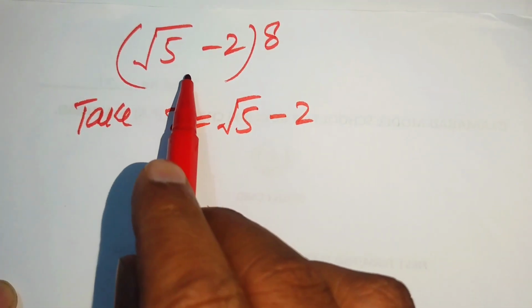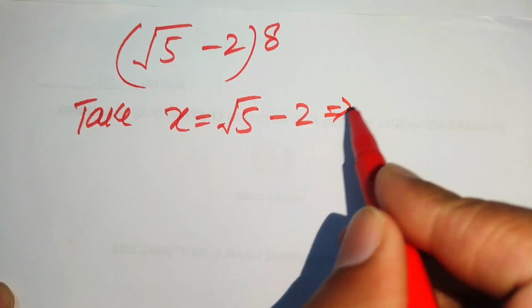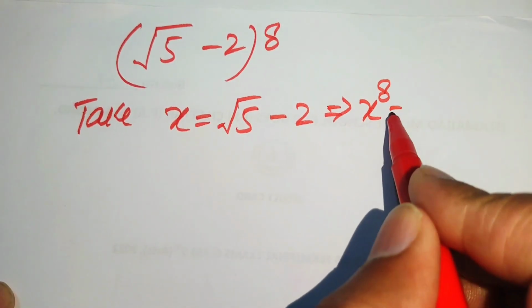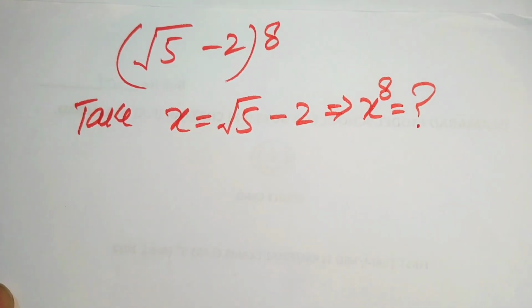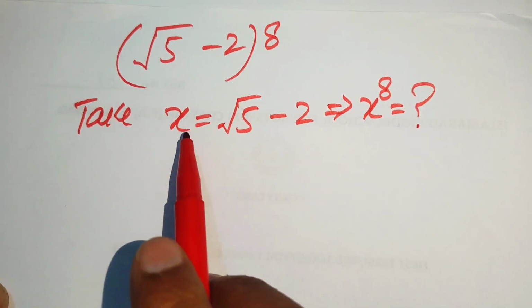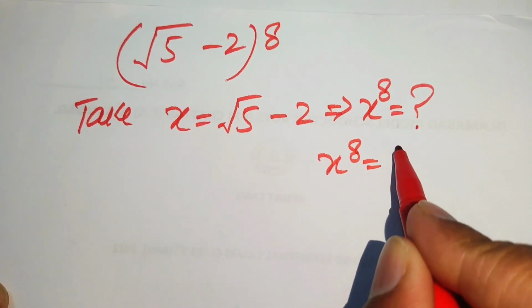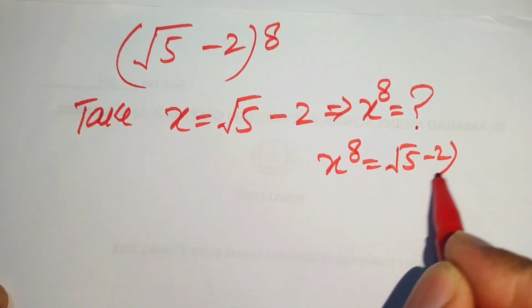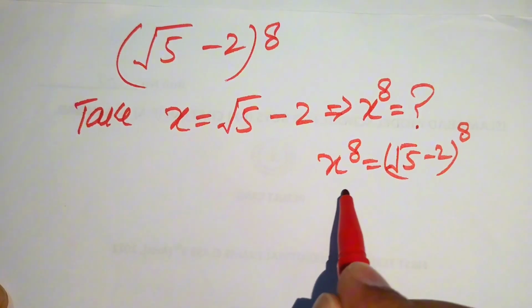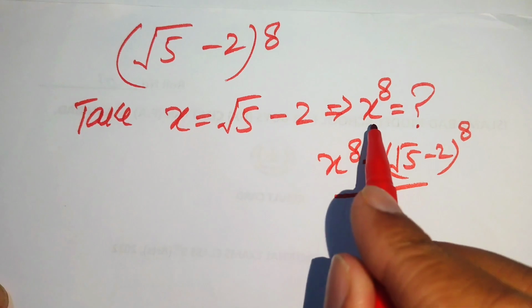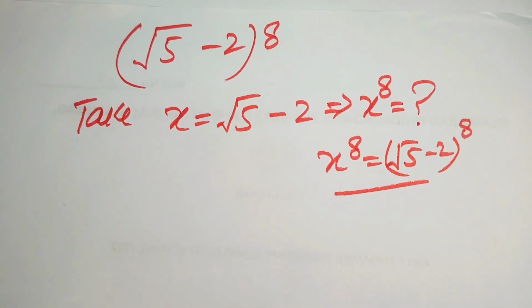So in order to find the value of this term, we need to find the value of x to the power of 8, because if you take x to the power of 8 on both sides, then you get x to the power of 8 equals square root of 5 minus 2 to the power of 8. Okay, so here we need to find the value of x to the power of 8.